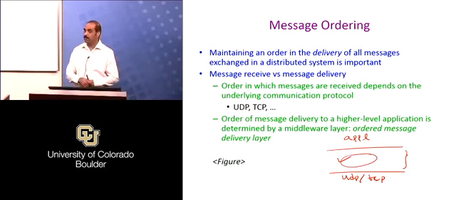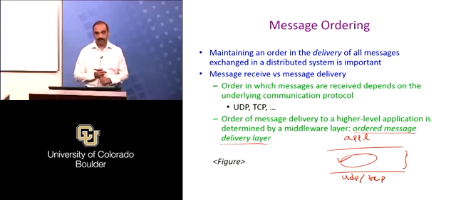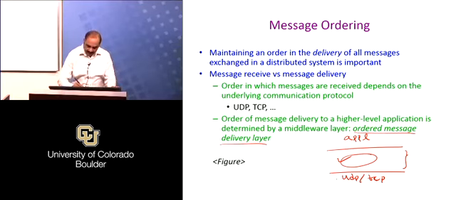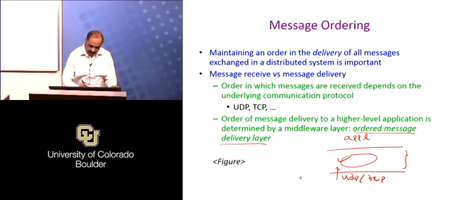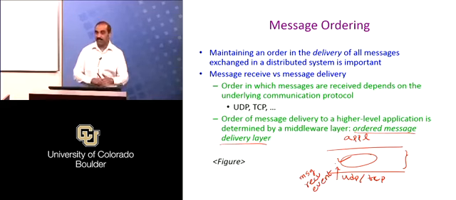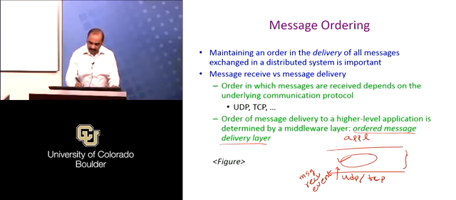You implement a software there, incorporate a software there that will implement what is called an ordered message delivery layer. In this case, this event is what is called the message receive event, and this event is what is called the message delivery event.